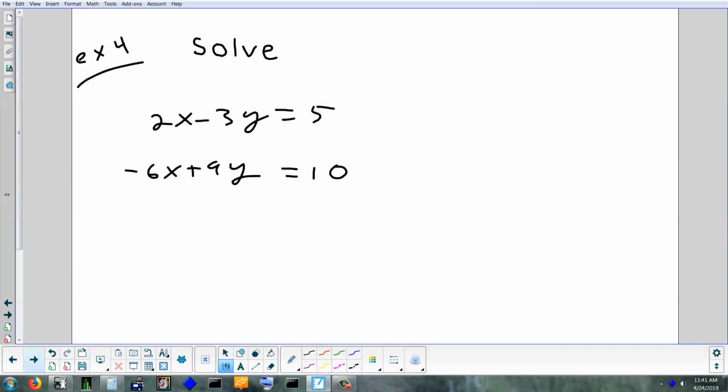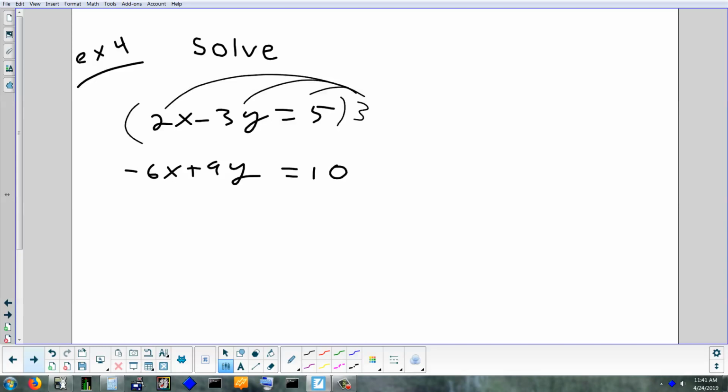Right, this one let's solve it quick because I think it is going to be a special case. Does anyone see what you could multiply just the top by? And if you do that, tell me which letters would be opposites. Okay. Multiply the top by 3 and it would be 6x and -6x.